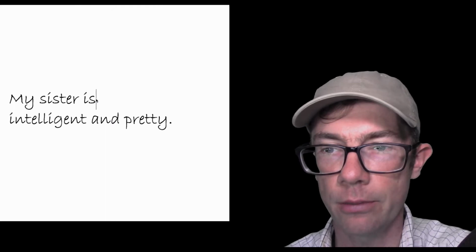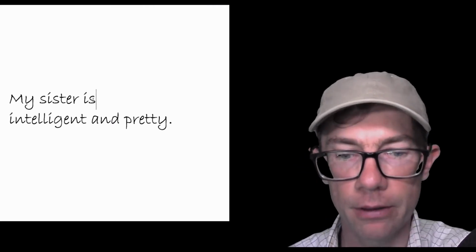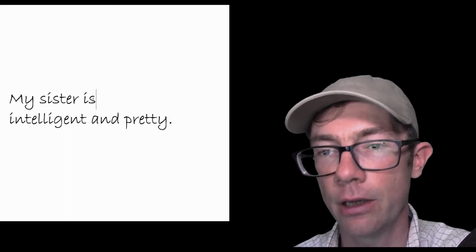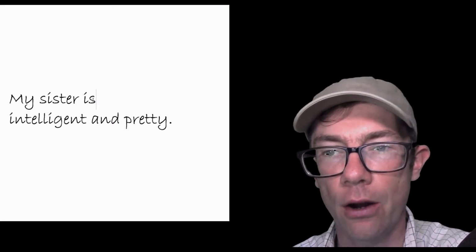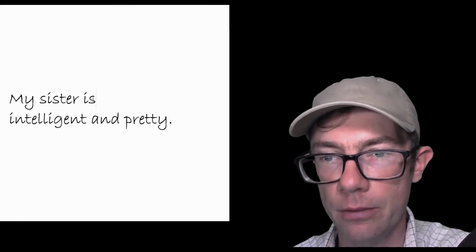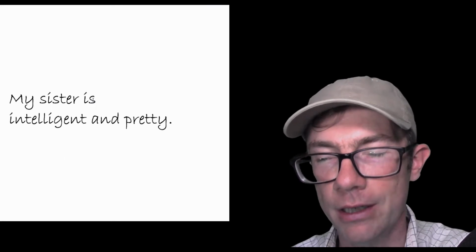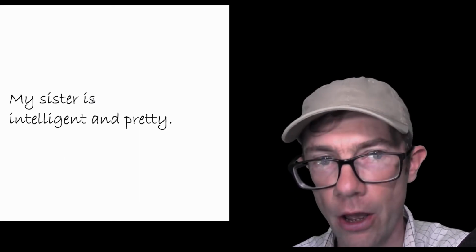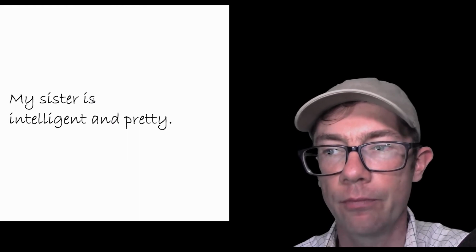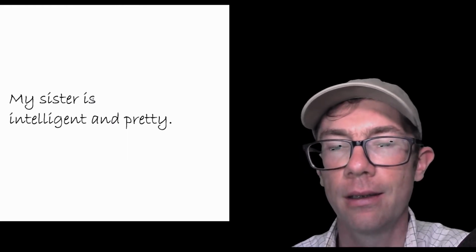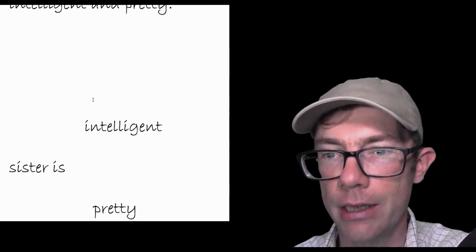What follows must be a predicate nominative, a noun, or a predicate adjective. And both predicate nominatives and predicate adjectives are subject complements. We'll see how that works out. A subject complement renames, in the case of a noun, or describes or modifies the subject.